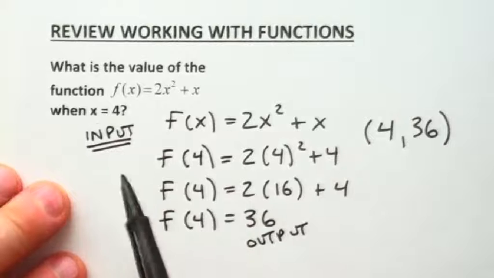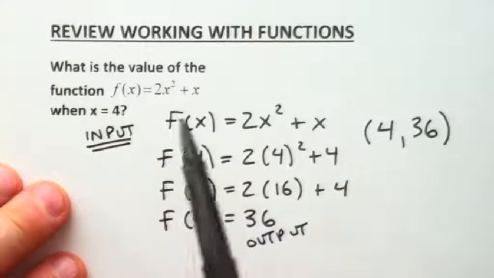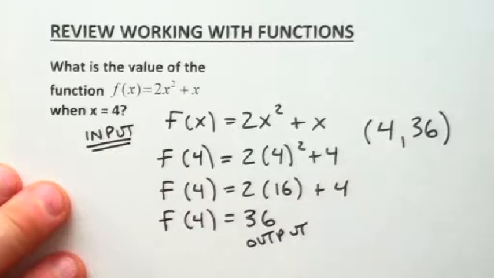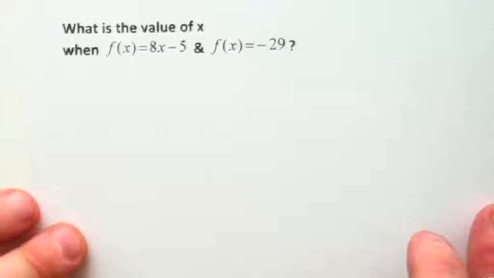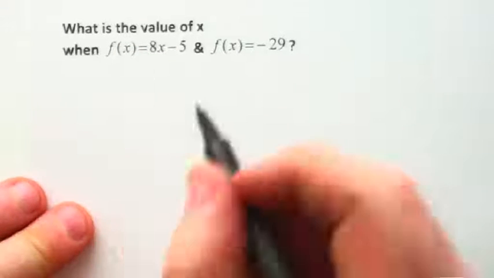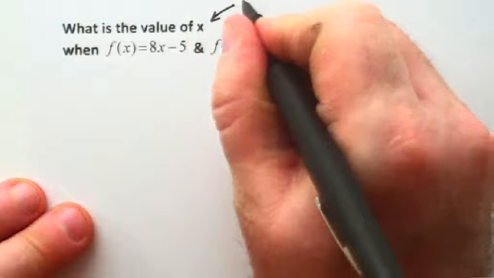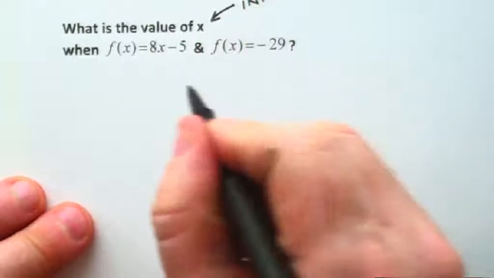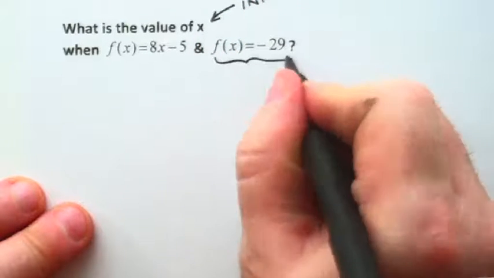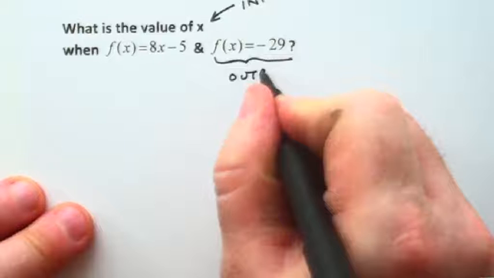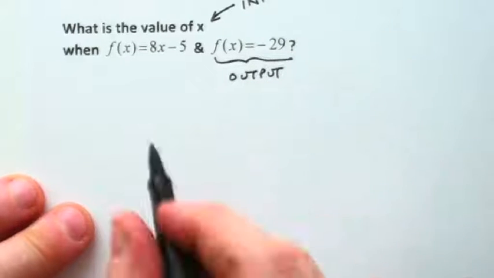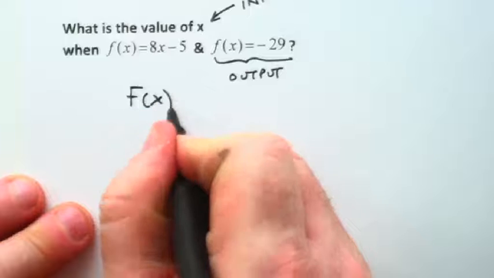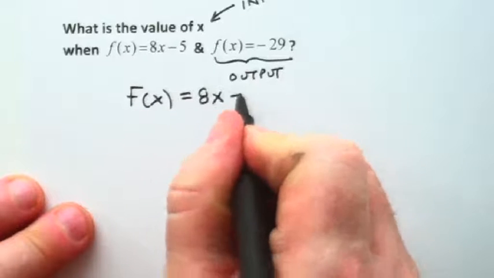Now notice, here we were given the input, we plugged it in, and we got the output. We also learned that you can work backwards through this process. Notice here, they're asking us to find the input, and they've given us the output. In other words, they gave us what the function actually equals. So here we might say f of x equals 8x minus 5.